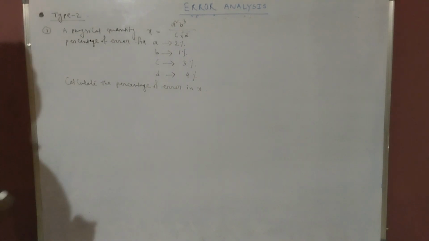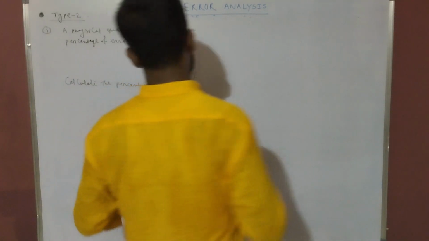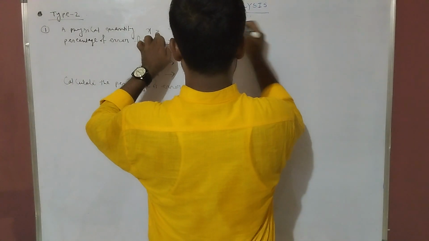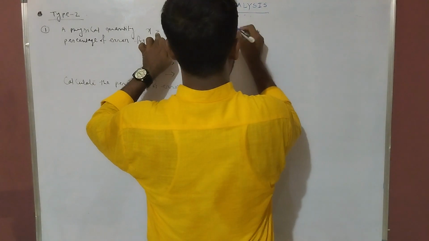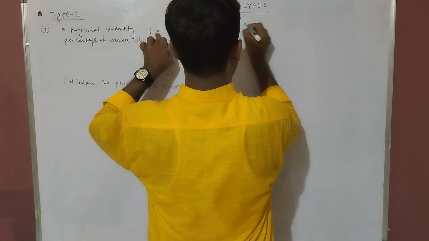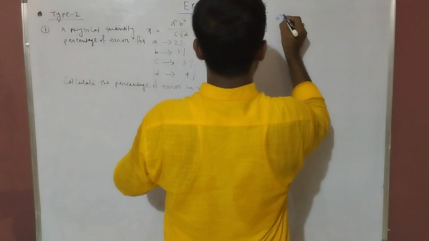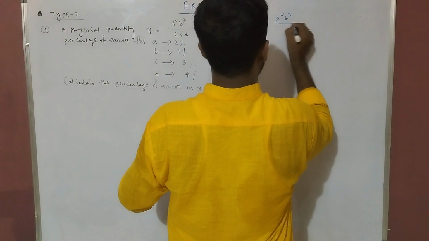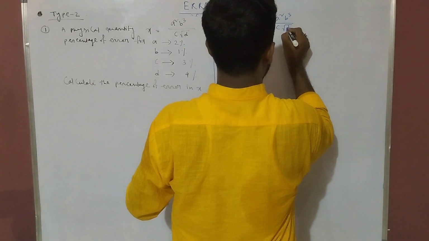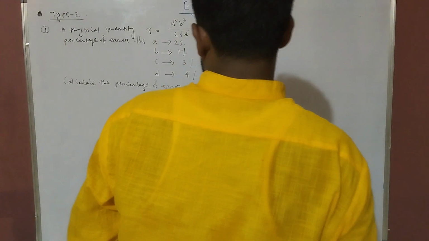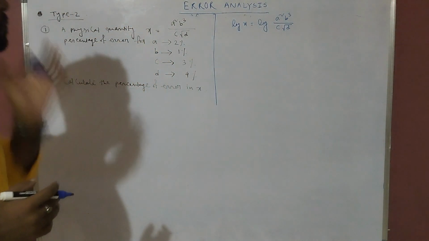This is very easy. Similar process. You have to take log both sides. Log x is equal to log of a square b cube by c root over d. The similar procedure you have to do.